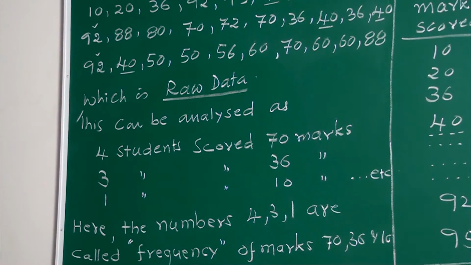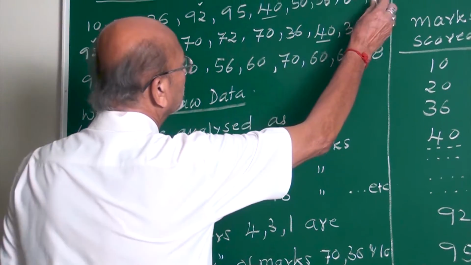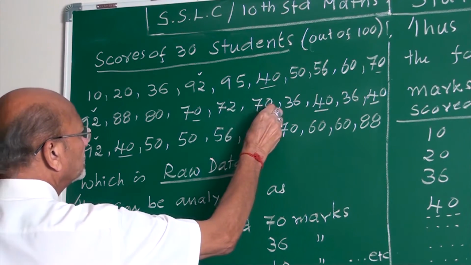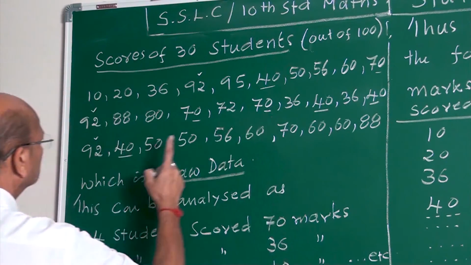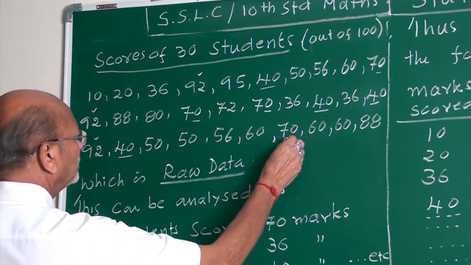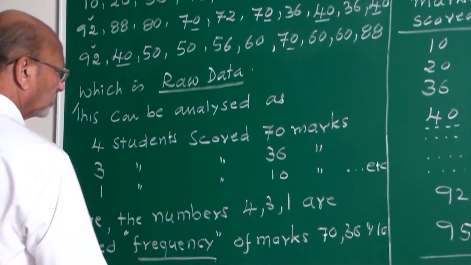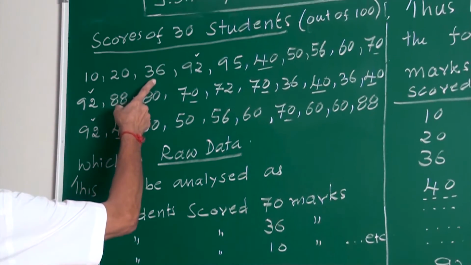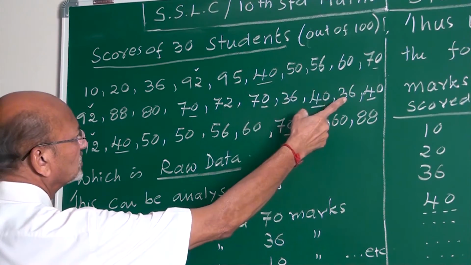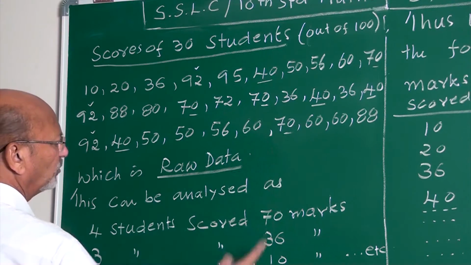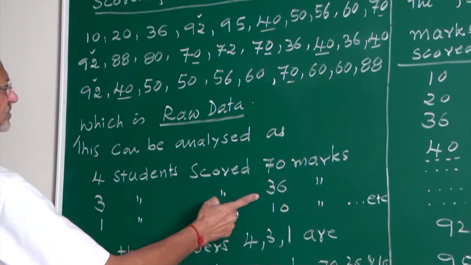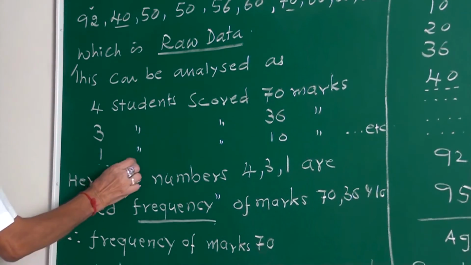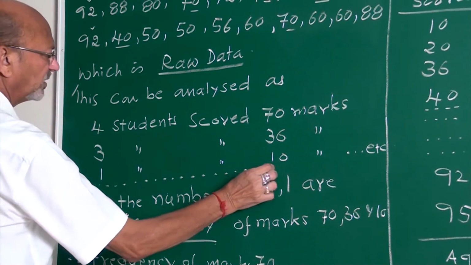There is 70, my friends: this is 1, this is 2, this is 3, and it is 4. 4 students have scored 70 marks. 36: 1, 2, 3. 3 have scored 36 marks. Only 1 student scored 10 marks. Like that, my friends, you are going to write all these.